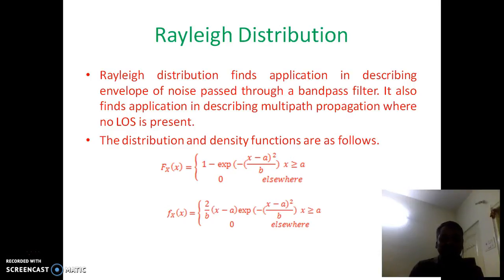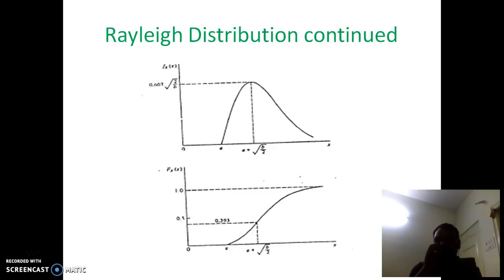Small fx of x is equal to 2 by b, (x minus a) into exponential of minus (x minus a) the whole square divided by b for x greater than or equal to a and 0 elsewhere. The graphs corresponding to the PDF and CDF of a Rayleigh distribution have been shown on the slides.